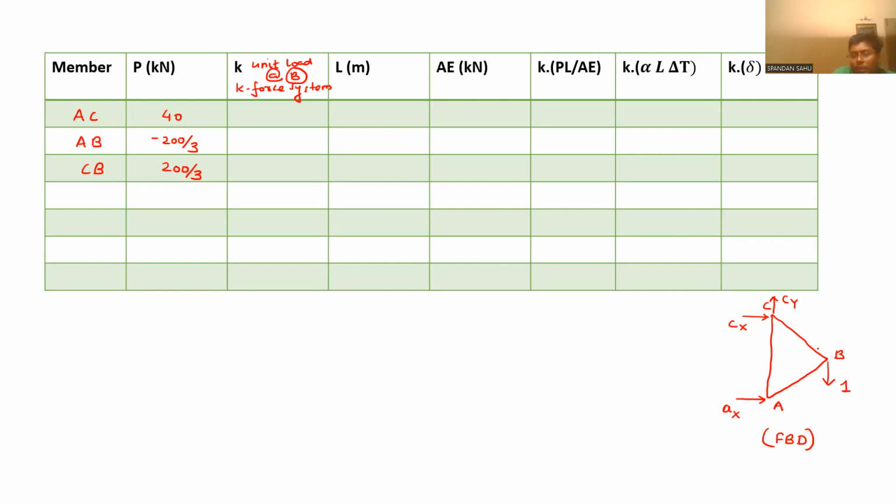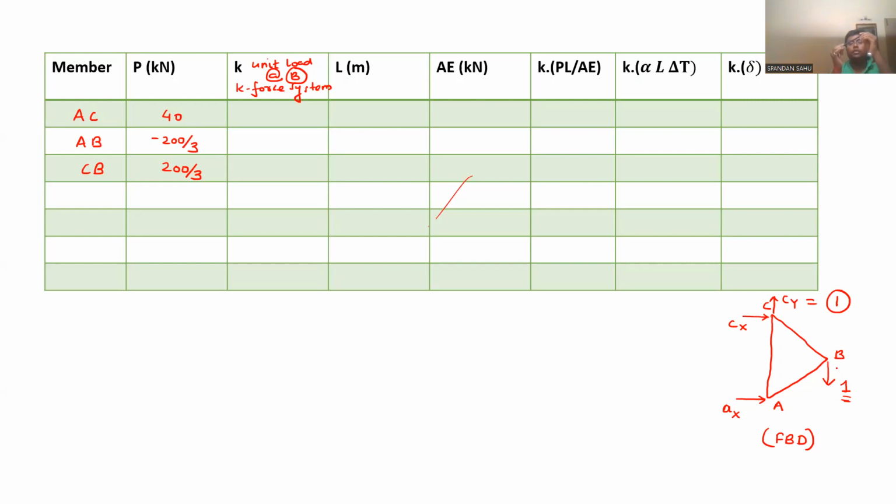Now see, directly after seeing the figure, you can see when we will do summation of Fy equal to 0, this one is acting downward. So Cy is acting upward. So the magnitude of Cy, you can directly write it as 1. Now see, this Cy equal to 1 is acting upward, and at joint B, this unit load is acting downward.